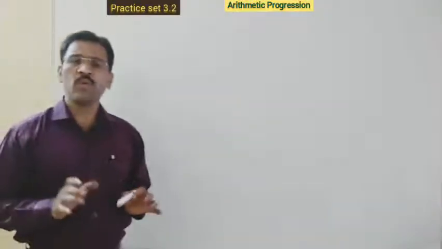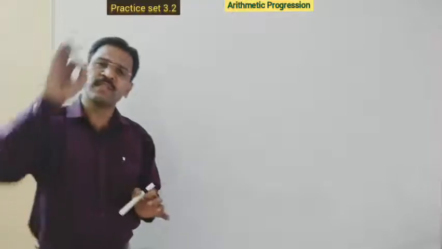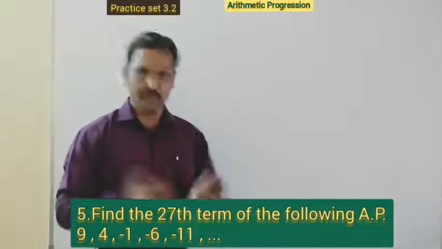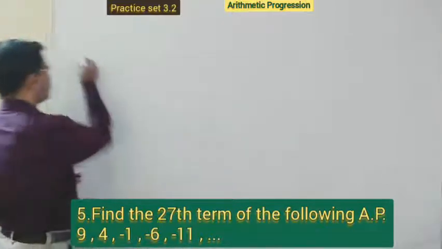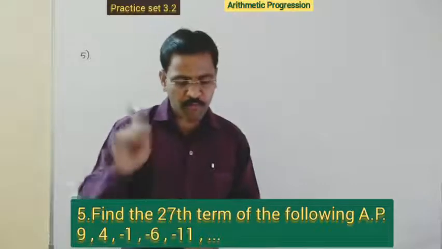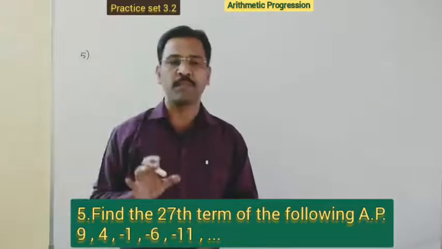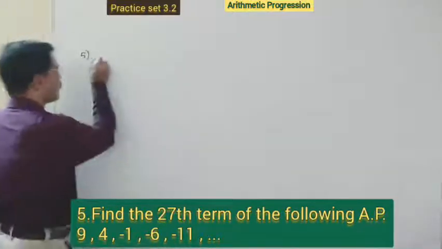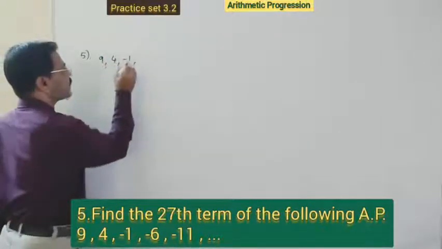Friends. Now, the fifth sum is also very similar to how we solved the third and fourth. Look here. What is that fifth sum? Find the 27th term of a given AP: 9, 4, minus 1.